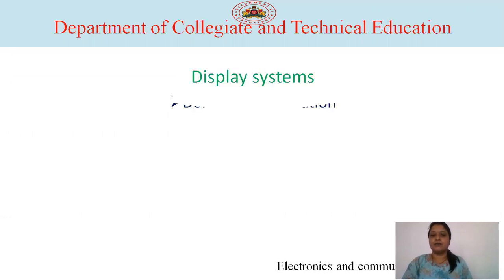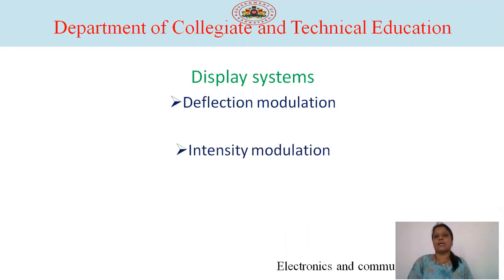Now, in display systems, we basically have two types: deflection modulation and intensity modulation. In the laboratory, the CRO we use is of the deflection modulation type, because whenever the input signal we want to measure is applied, the electron beam will deflect and generate the waveform.